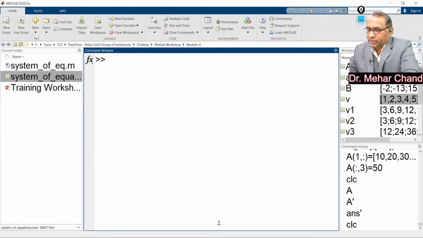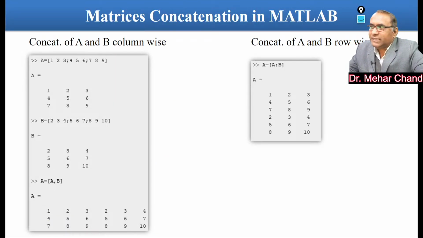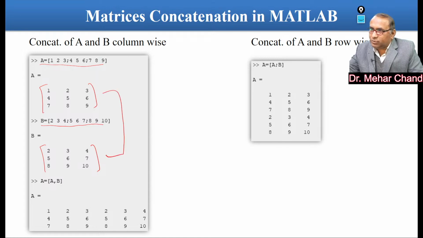Now come here. These are very important. Matrix concatenation in MATLAB. We have A is equal to this matrix, and this is the order of this matrix. This is B matrix, and when we execute, we have this new matrix B. If you want to combine these two matrices, you can do.